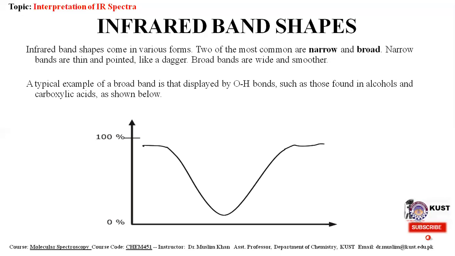Here you can see that these broad bands are wider and smoother in comparison to this one. This is the typical example of the band of OH bonds, which are found in alcohols and carboxylic acids.